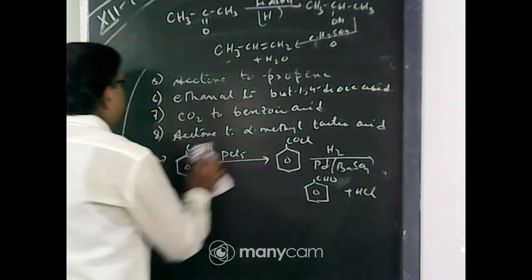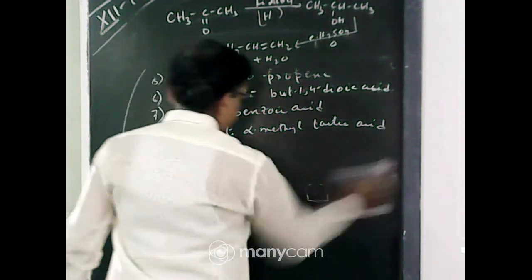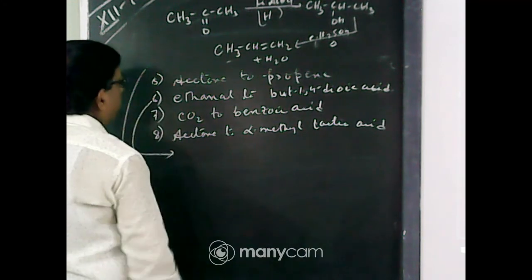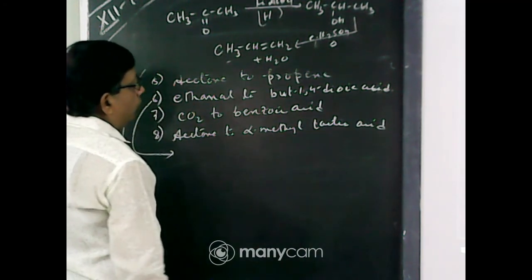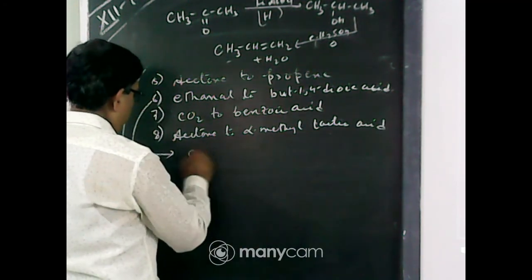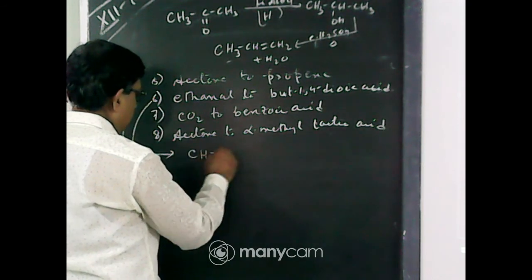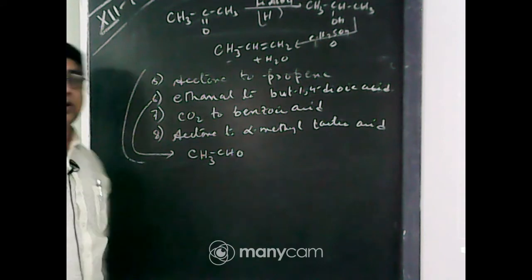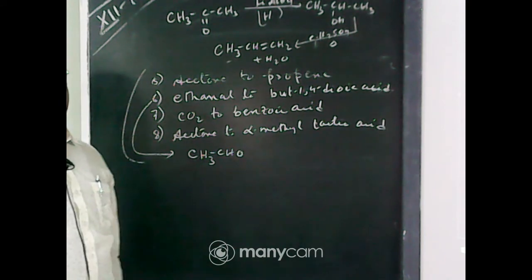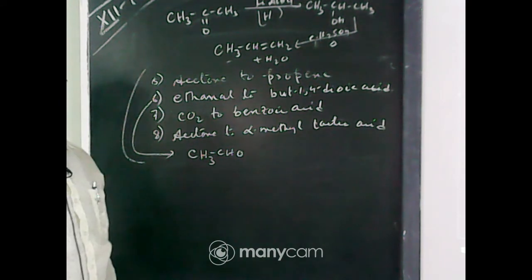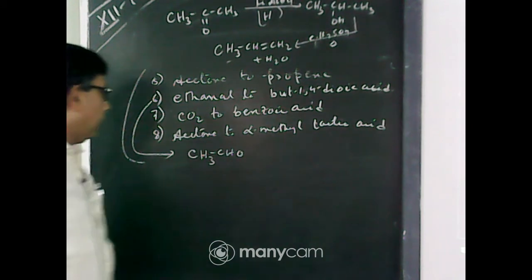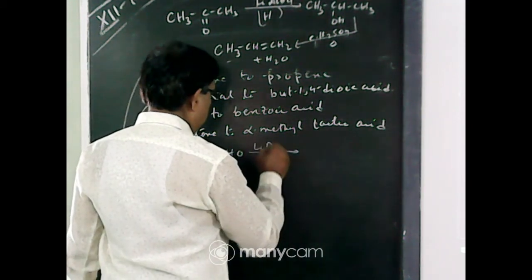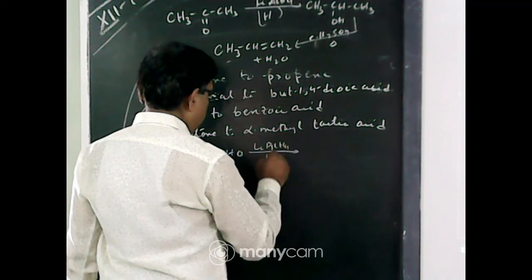Now next one, number 6, ethanal to but-1,4-dioic acid. What is the formula of ethanal? CH3CHO. But-1,4-dioic acid has double the carbon number and two COOH groups. You first convert into alcohol, using lithium aluminum hydride reduction.